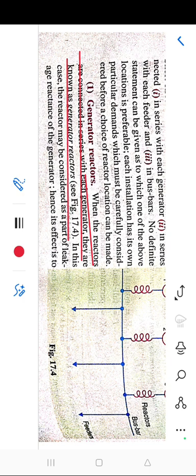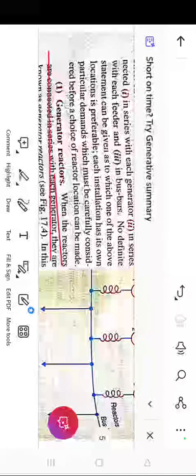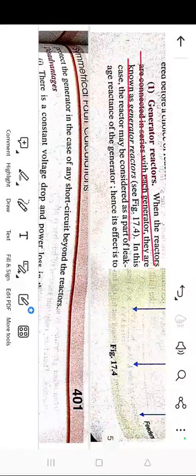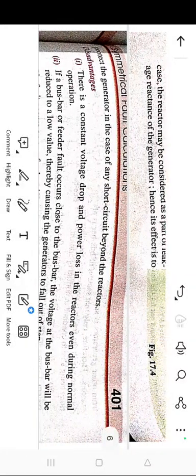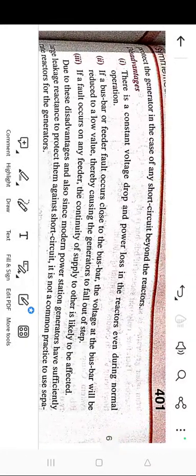In this case, the reactor may be considered as a part of the leakage reactance of the generator. Hence, its effect is to protect the generator in case of short circuit beyond the reactor.